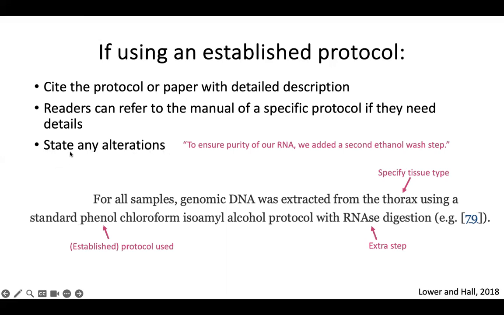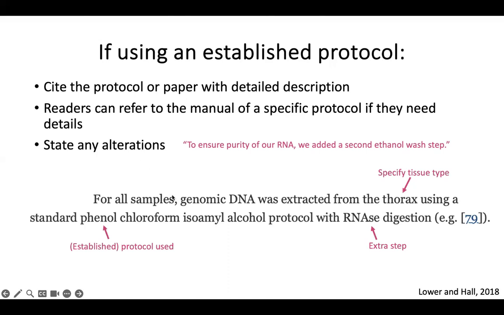But they're citing it right there, talking about it, citing it. They're adding this extra step in there, and they're also specifying this tissue type here, which is actually quite important because from thorax you get a lot higher quality DNA than from any other tissue. So they're saying this here, so someone else who might replicate this study or do a similar study would know to extract DNA from the thorax with this assay.